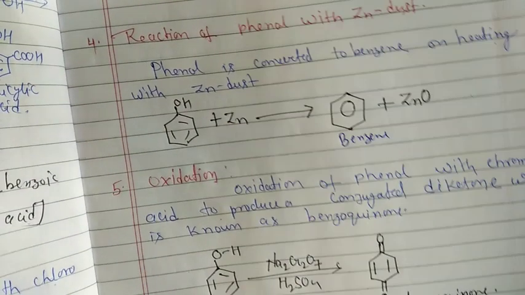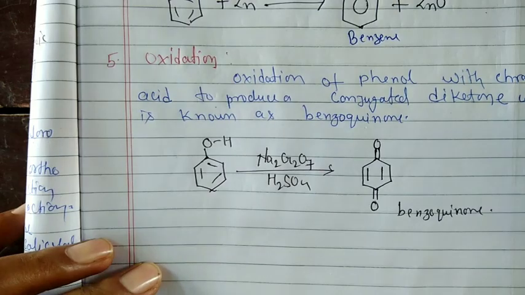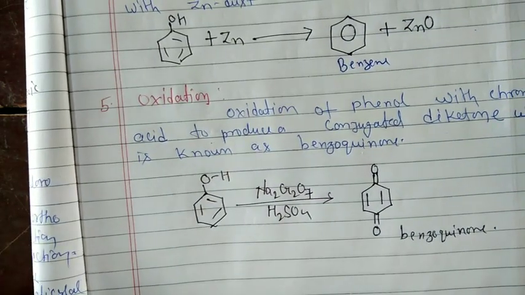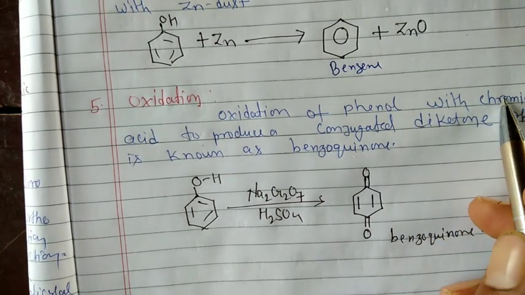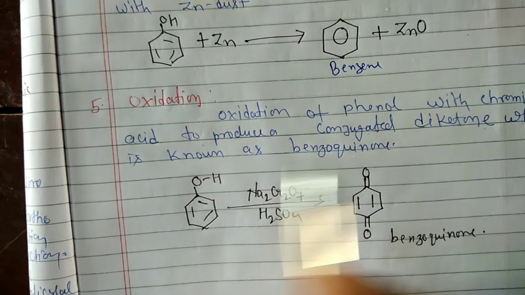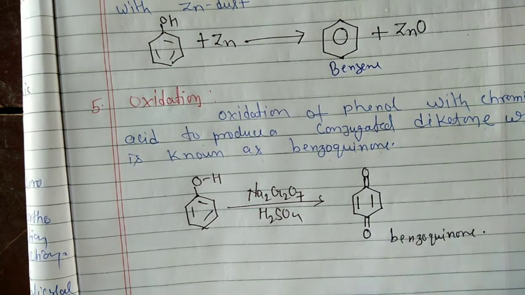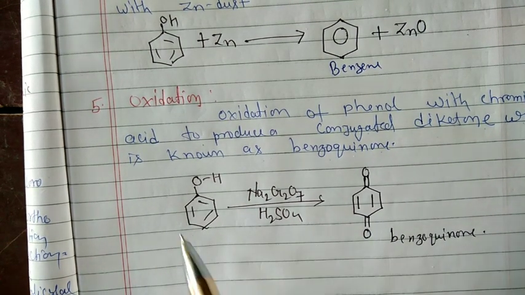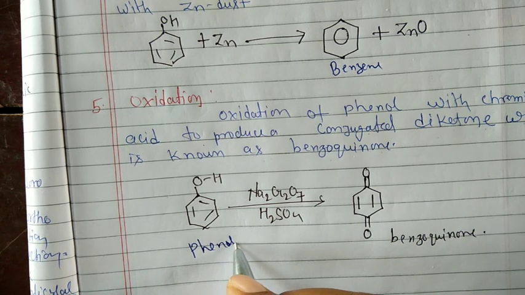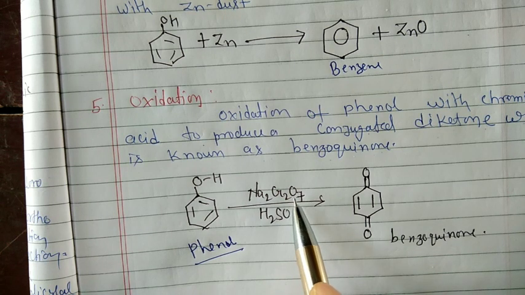And the last reaction, oxidation of phenol. Oxidation of phenol with chromic acid produces a conjugated diketone, which is known as benzoquinone. Okay, this product is benzoquinone. So first we take a phenol. After some time, adding sodium dichromate in the presence of sulfuric acid, it is known as chromic acid.